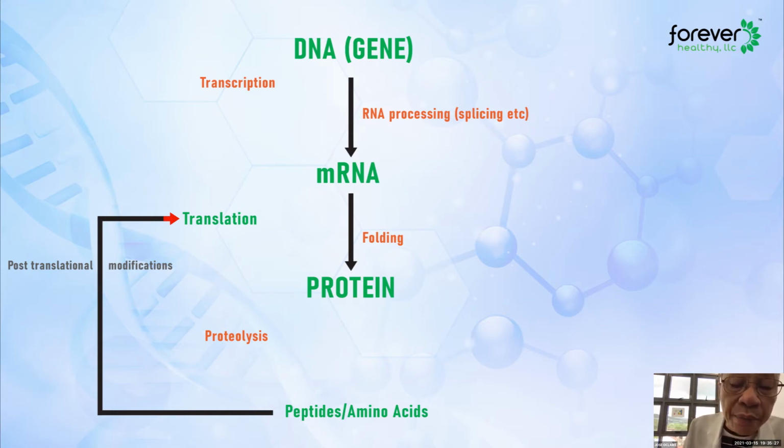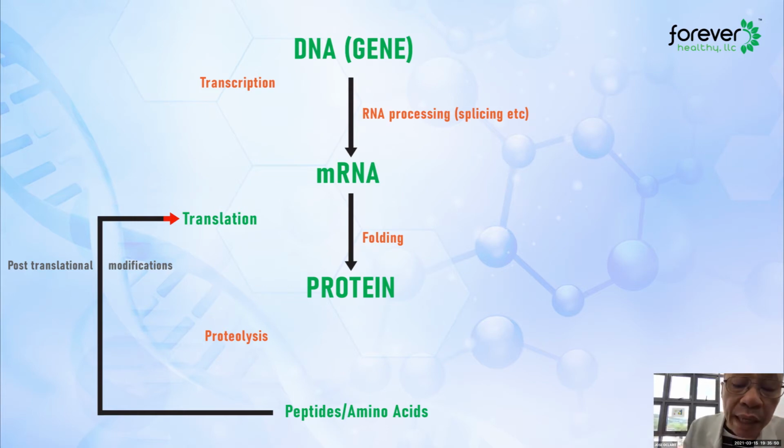So meaning to say, we have to provide ourselves with amino acids in order that the sequence will be translated into a functional protein. So one mechanism is that the protein must be degraded in what you call proteolysis. So through the proteolysis will now provide amino acids.